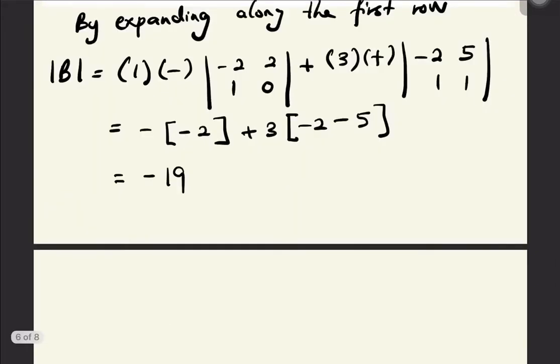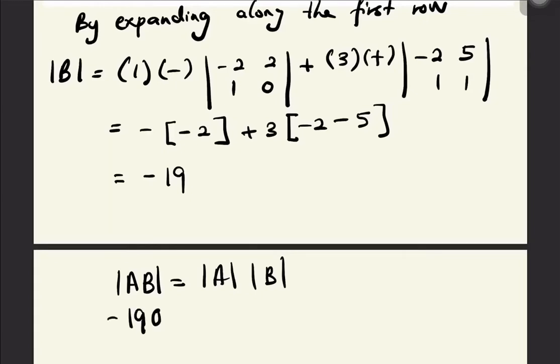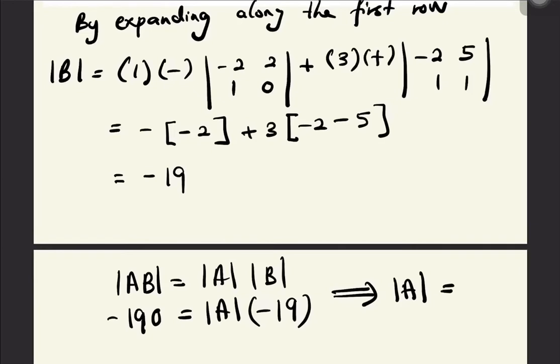So by using the above properties, the determinant of AB is equal to the determinant of A multiplied with the determinant of B, such that AB is equal to negative 190, which is equal to the determinant of A multiplied with negative 19. So we can get the determinant of A is equal to 10.